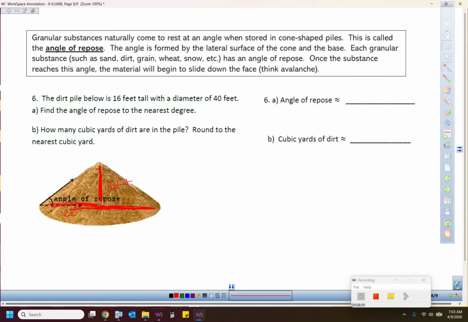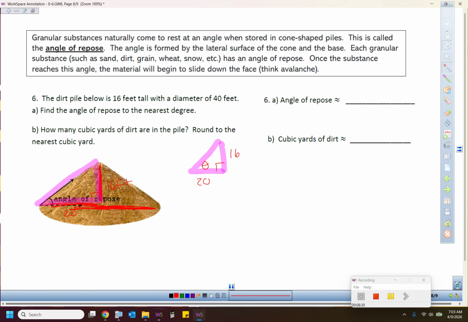Since it's hard to see on your black and white copy, we're going to get this little right triangle formed right here. The height of that cone is 16 and the radius is 20, and there's a right angle here since it's a right cone. They are looking for this angle of repose right here, which we will call theta.